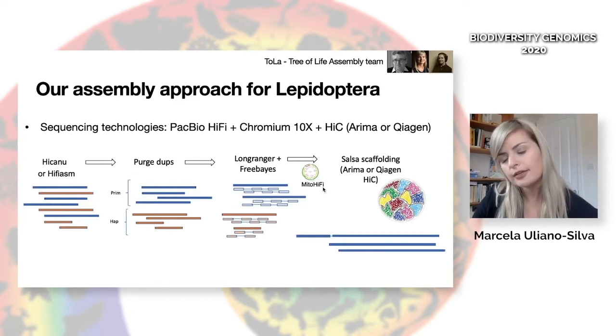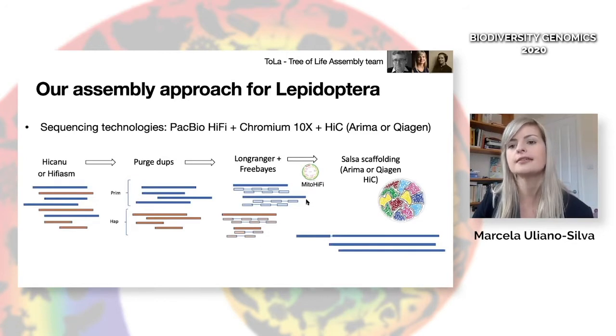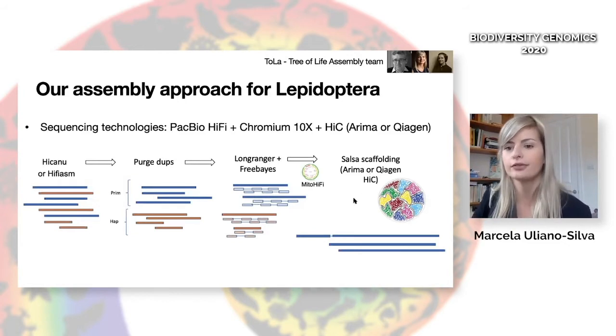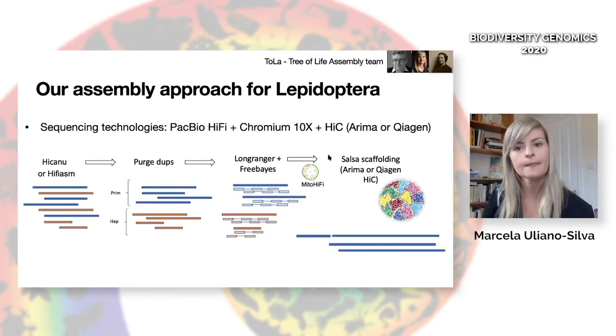It's available on GitHub. Basically, you just need a closely related mitochondrial species, and MitoHiFi is going to BLAST it against all of your contigs and is going to circularize it and annotate your mitochondria for you. Finally, after that, we take only the primary assembly and we scaffold it to chromosomes with SALSA using Arima or Qiagen Hi-C data. So I will show you a few results that we've got from this pipeline for Lepidoptera.